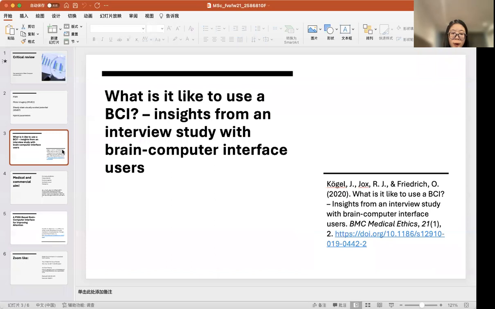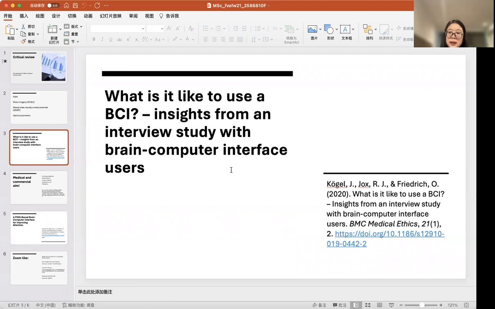The first article is named "What It's Like to Use BCI: Insights from an Interview Study with Brain-Computer Interface Users." It is an article that shows a social qualitative interview with a few participants who have some neuromuscular issues.